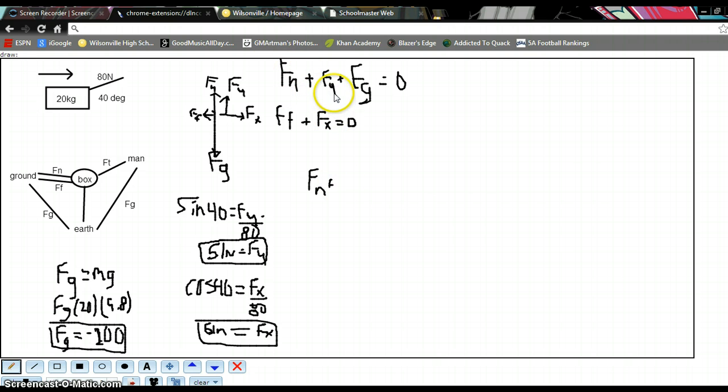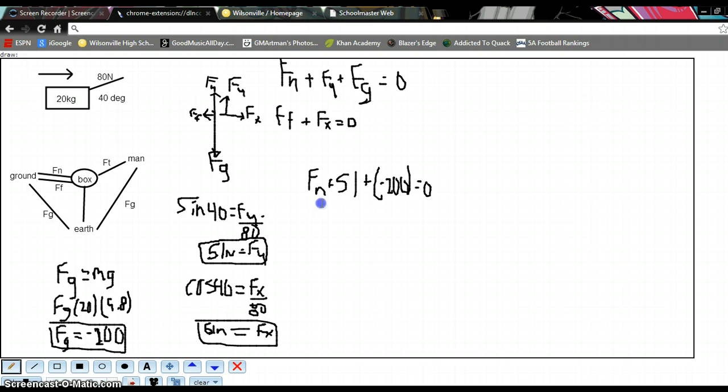So you would plug in 51 for Fy, and you would plug in negative 200 for gravitational force, set to 0.